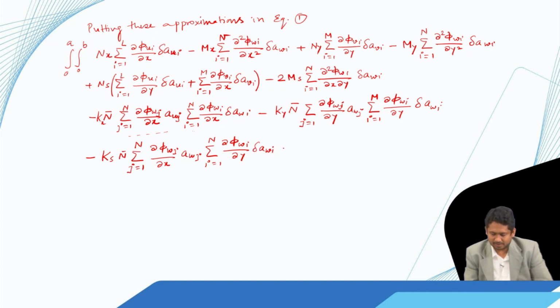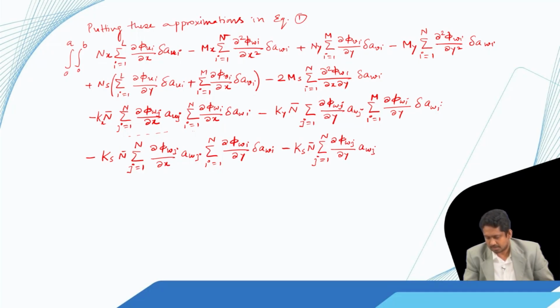In the next term, it is the other way, the variation is there in del w by del x. So, minus ks into n bar, j going from 1 to n, derivative of phi w j with respect to y multiplied by a w j, into i going from 1 to n, del w i by del x into variation of a w i.